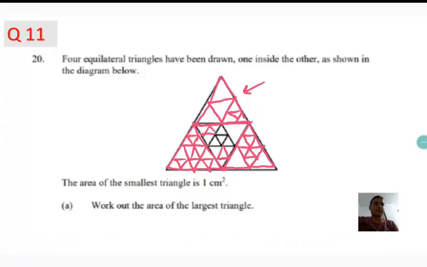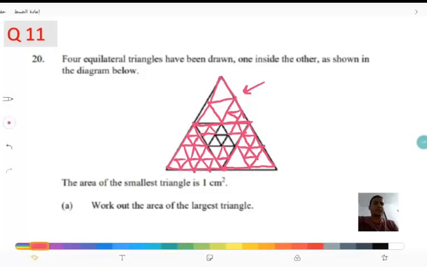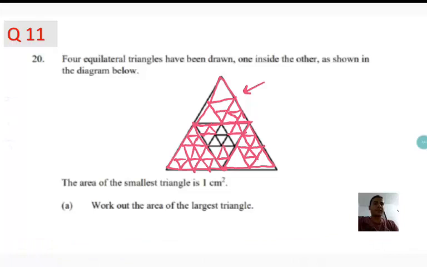So all these small triangles are equal in area.